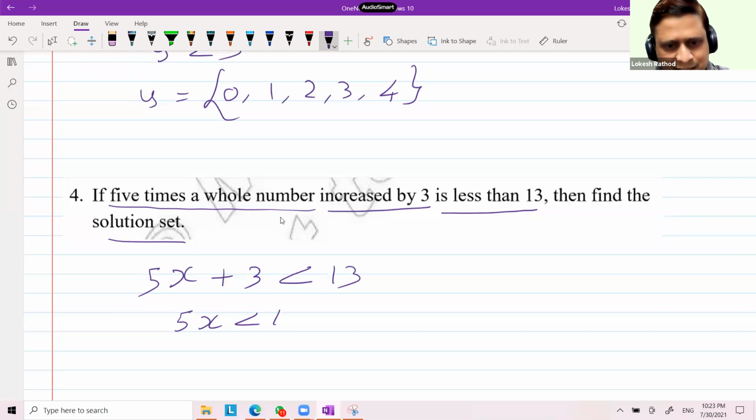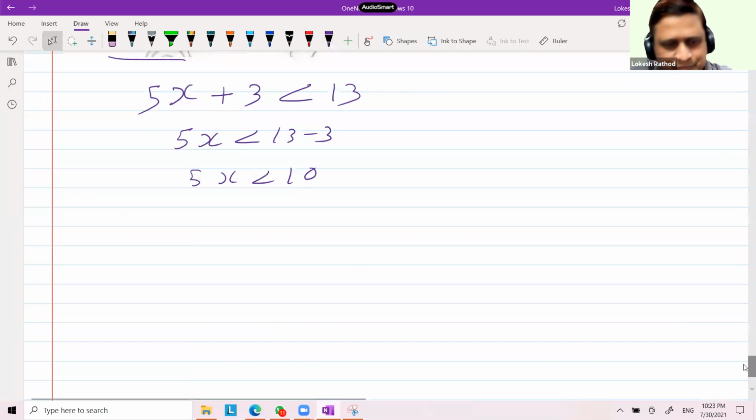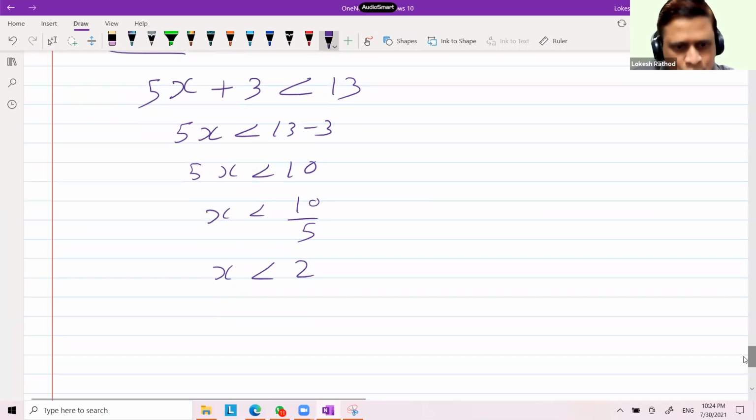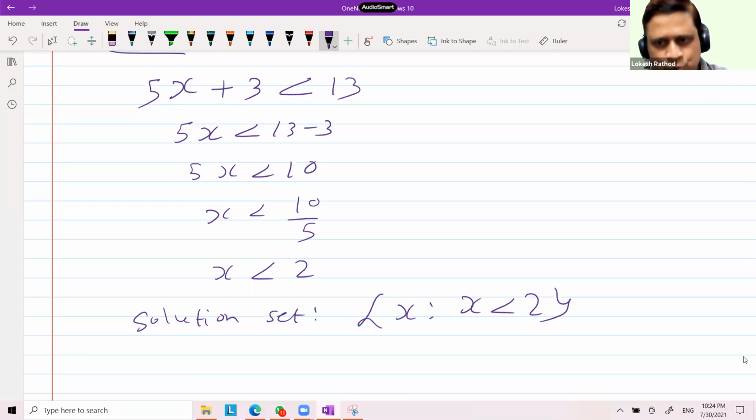So 5x less than 13 minus 3. 3 goes to that side. 5x less than 10. So now 5 goes to that side. So x less than 10 over 5, or x less than 2. So this is the answer. We need to write, find the solution set. The solution set is all such x where x is less than 2. Correct? So this is how we do it.